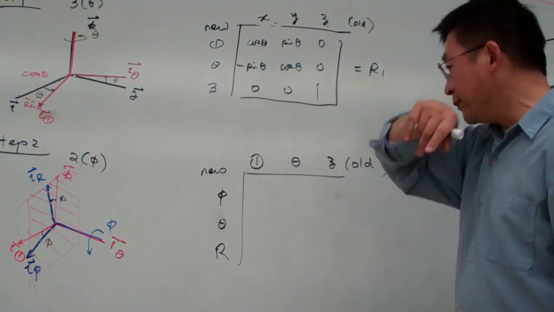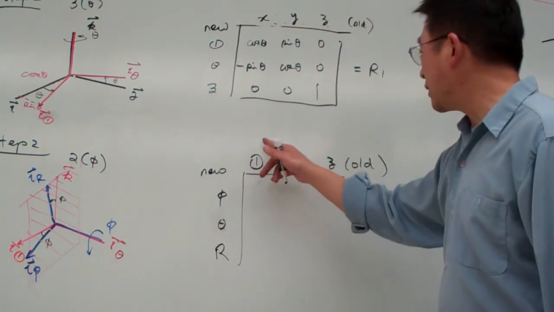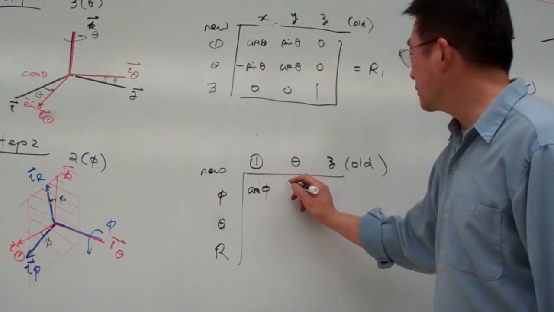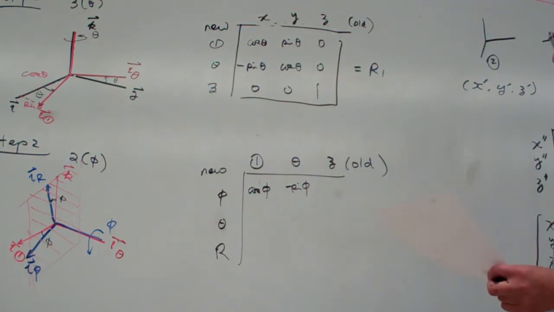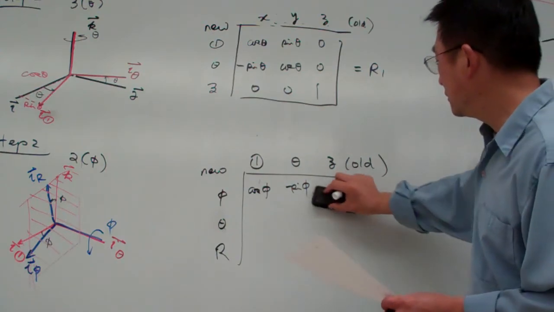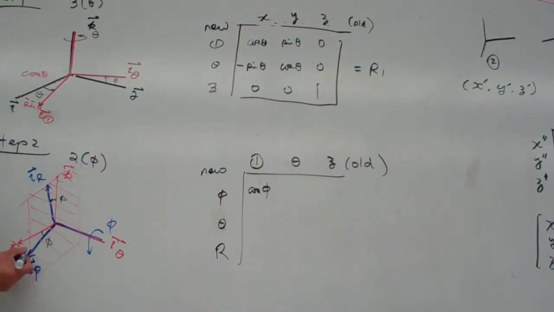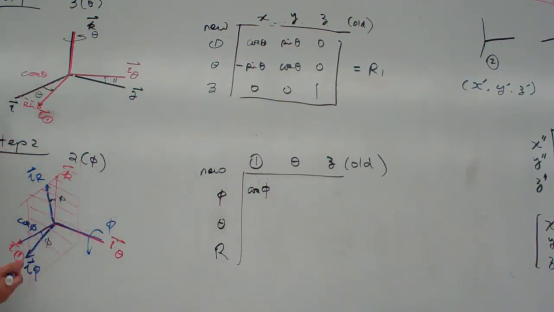Okay, now we simply write it up for this axis, in terms of i1 and k. So right now, in terms of i1 and k, that is cosine phi and minus sine phi. Right now, again, projecting this one, this amount is cosine phi. This amount is in the i1 direction, so cosine phi in one direction. And now the second amount is the sine phi.